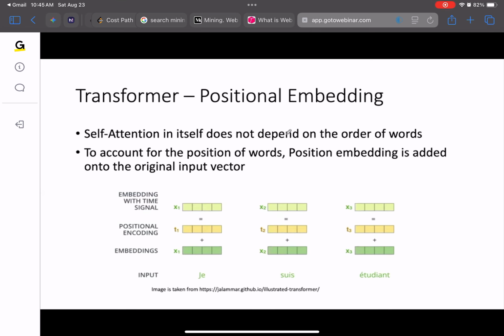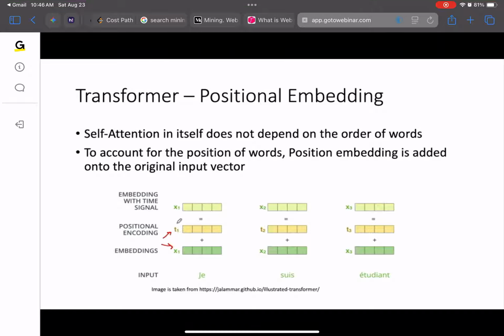What this position embedding does is, for the input representation for x1, let's say, we add the position embedding corresponding to the position at which x1 is present. Here x1 is present at the first position, so there is a fixed position embedding t1. It does not depend on what word is present at the first position.